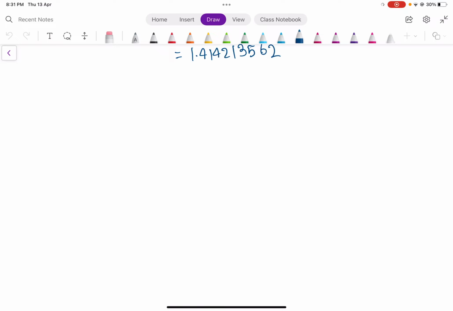Okay, so now let's summarize that one more time so that all of that information isn't really hard to process. We've learned about 5 types of numbers.